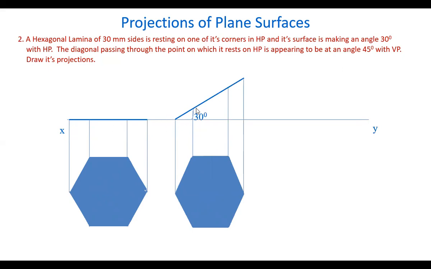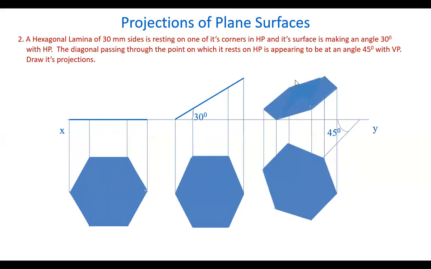The surface is making a 30 degrees angle with HP, and the diagonal passing through the point on which it rests on HP is appearing to be at 45 degrees to VP. So the diagonal passing through this corner is appearing like a 45 degrees angle to VP in the top view.